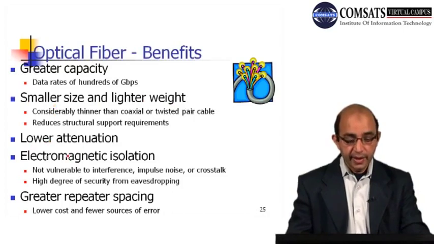Lower attenuation, and as light doesn't have any electrical charge, whenever photons move from source to destination, there is no electromagnetic interference. So we have greater repeater spacing. For example, depending upon how far apart source and destination are, we need very few repeaters as compared to coaxial cable and twisted pair.